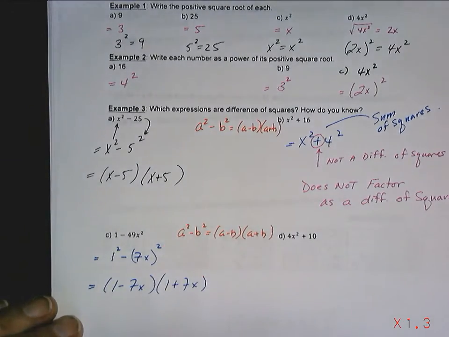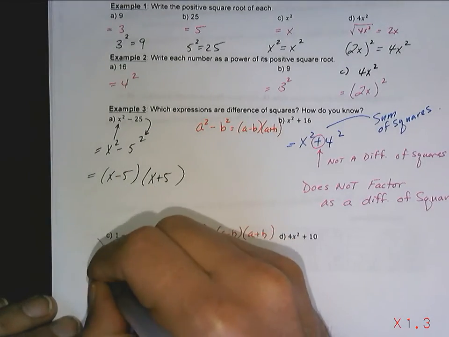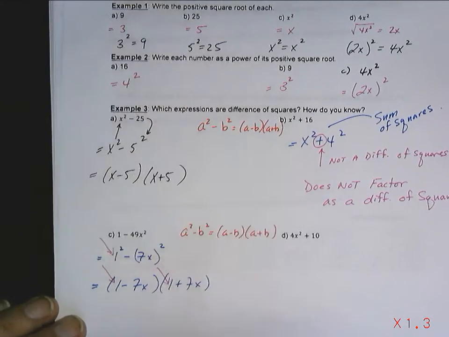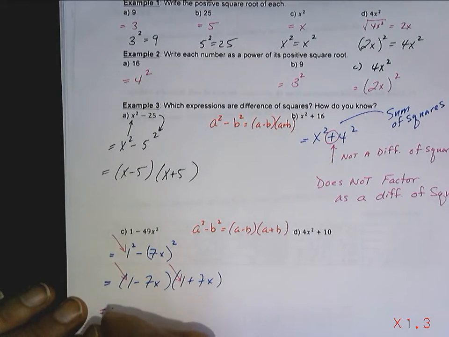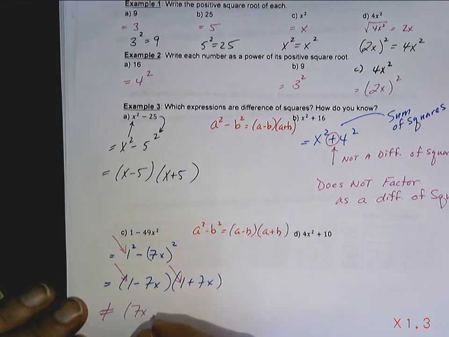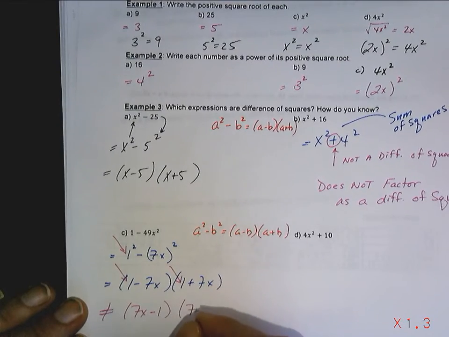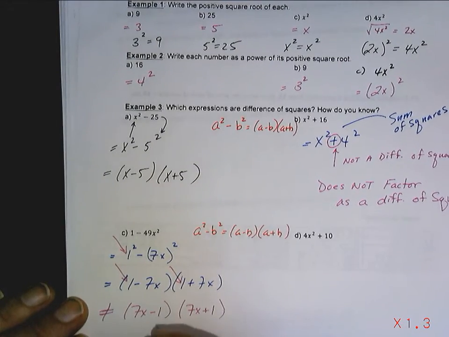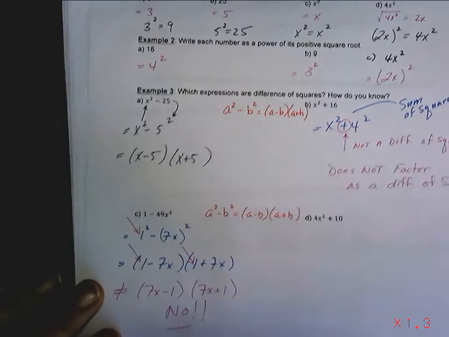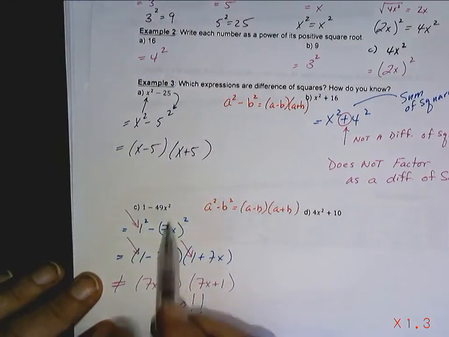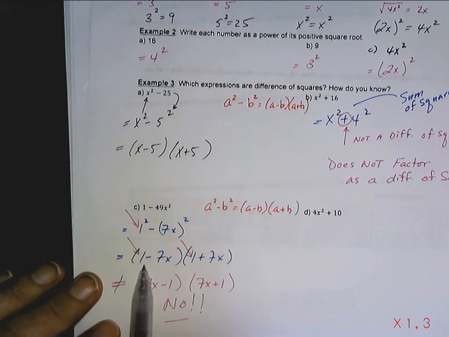The thing to be very careful of here is that whatever comes first has to come first there. If you were to write this as 7x minus 1 and 7x plus 1, that would be a big no. That's wrong. It does not work that way. So whatever comes first here comes first here.